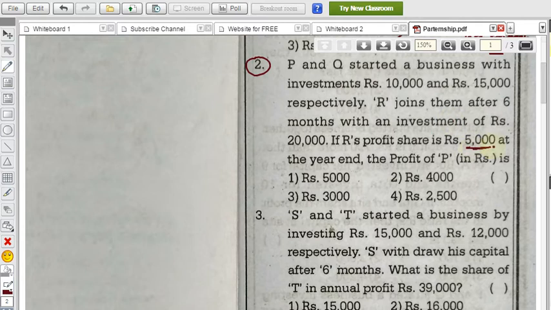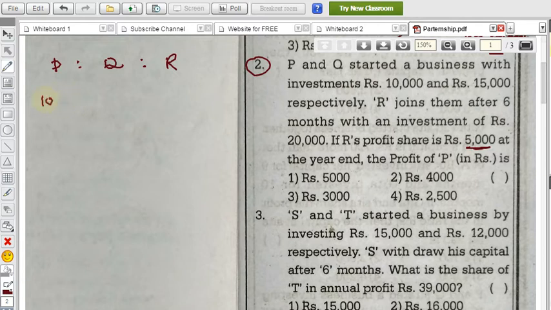First let us find out the PQR ratio. P is to Q is to R. Now we should multiply the time period with the investment for everybody. P and Q started the business with 10,000 and 15,000.